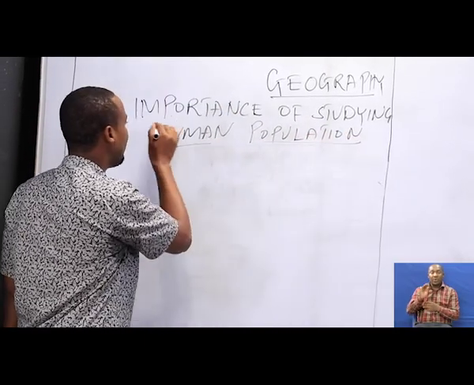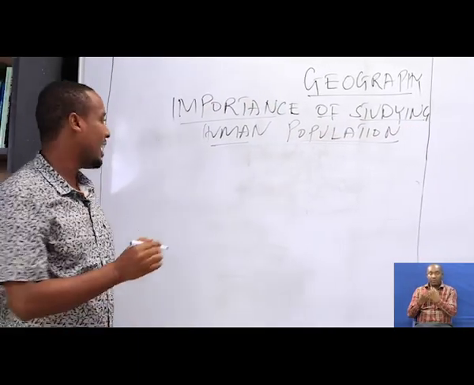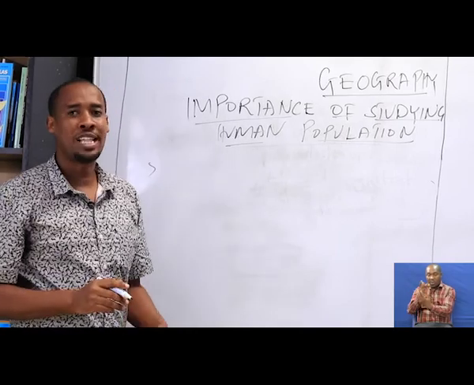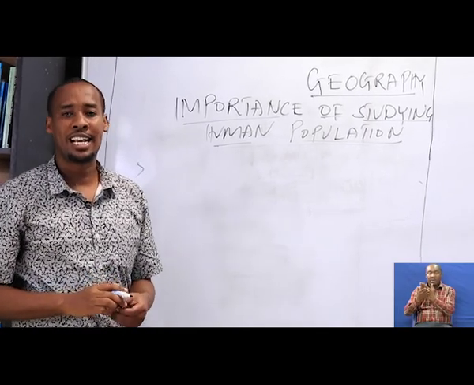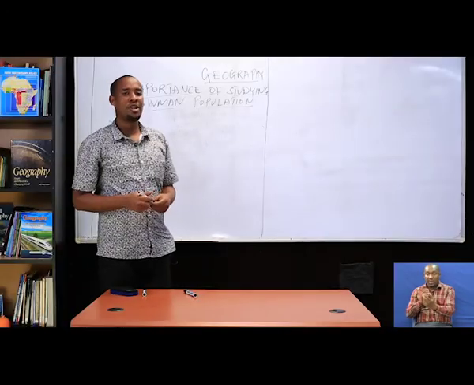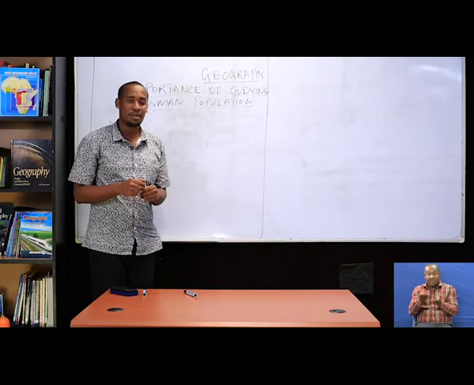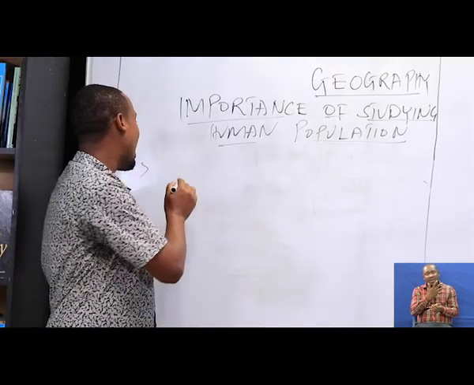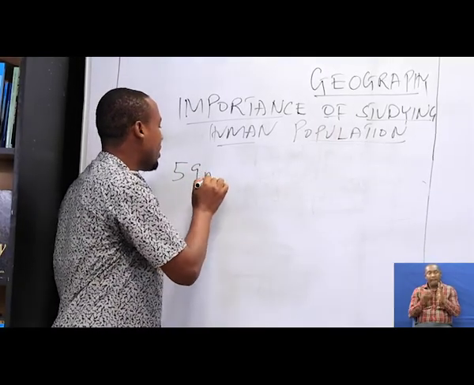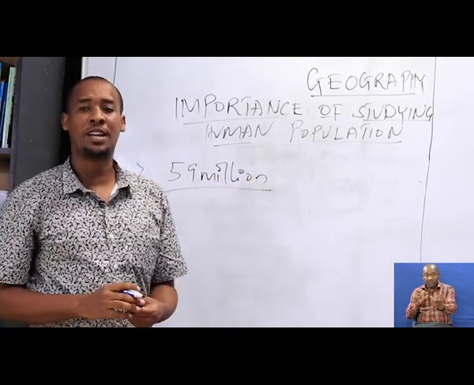So one of the importance of studying human populations is that it can help someone to know the population size of a certain country. For example, through studying human populations, someone may know the population size of Tanzania. The estimated population of Tanzania is 59 million.